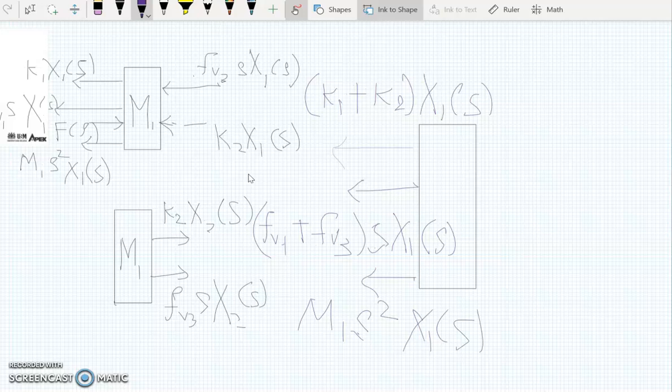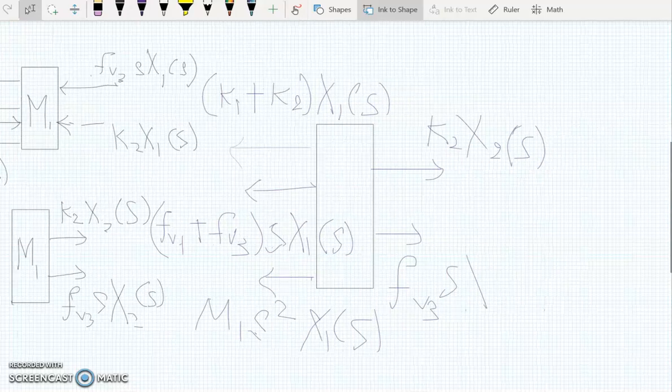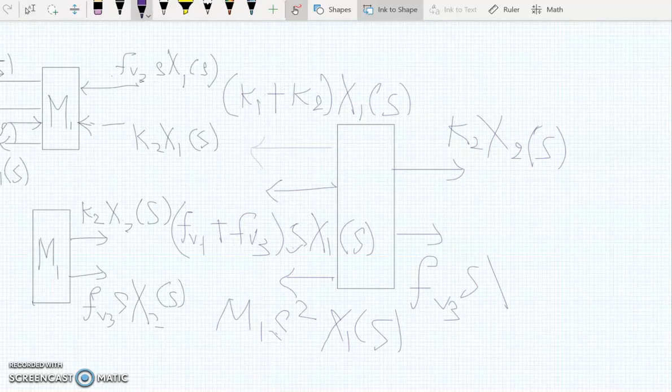And then remember there's also the input, but let's just write all the forces: K2 x2, and then there's another one here, which is the damper, Fv3 s x2 s.